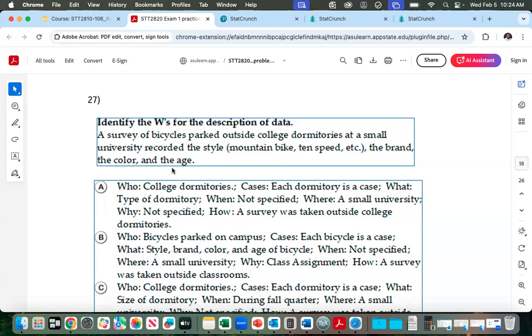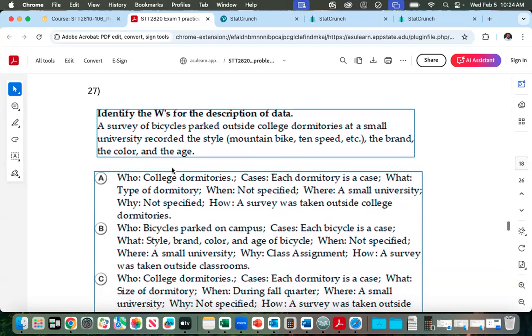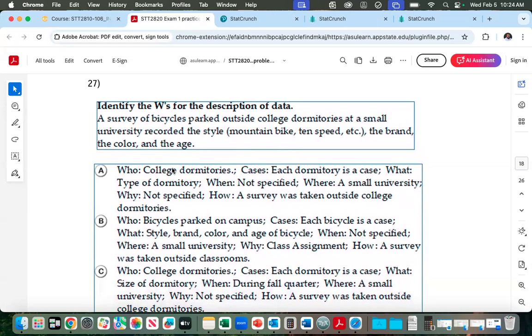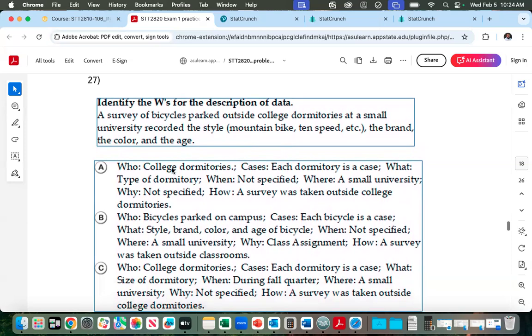Now, even with those answers alone, let's get to cases. Remember, cases are the rows. Those are the individual bicycles. Is that okay? Which we all know. So when you look at these possible answers here, let's go to the where and then the what.